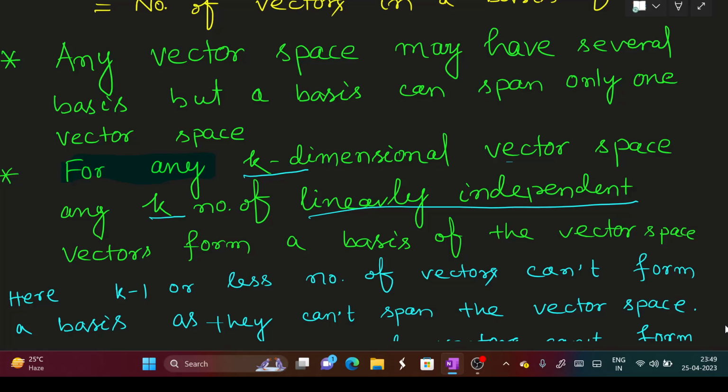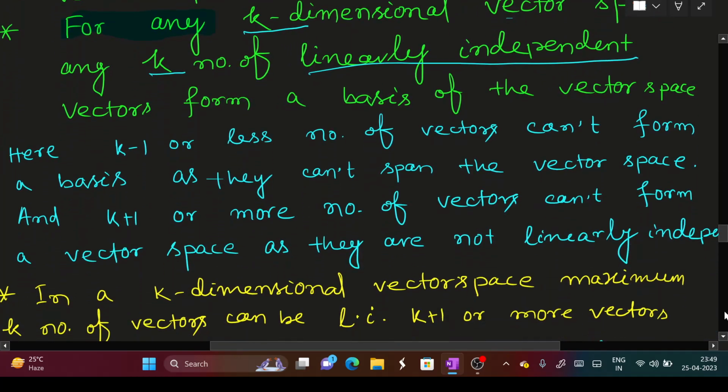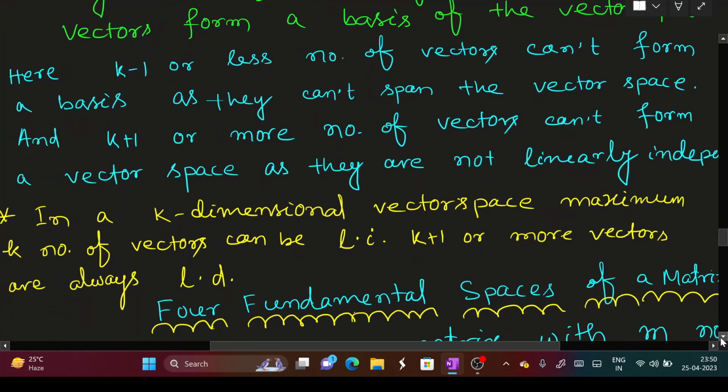A number of vectors less than the dimension cannot span the whole vector space, hence they cannot form a basis, and a number of vectors more than the dimension of a vector space cannot form a basis as they cannot be linearly independent. In a k-dimensional vector space, a maximum of k vectors are linearly independent. K plus 1 or more vectors are always linearly dependent.